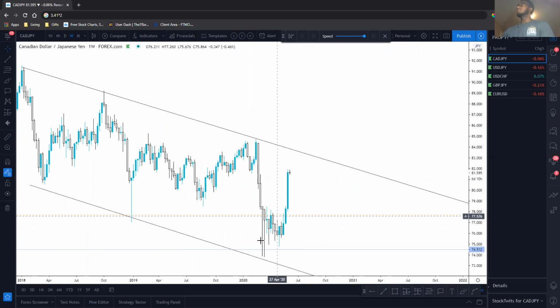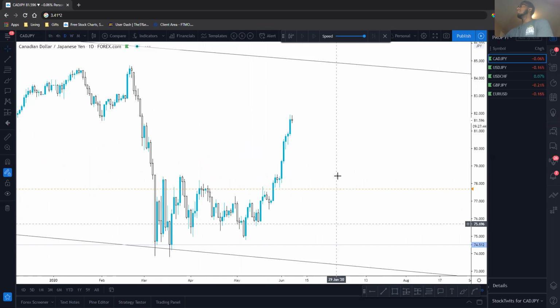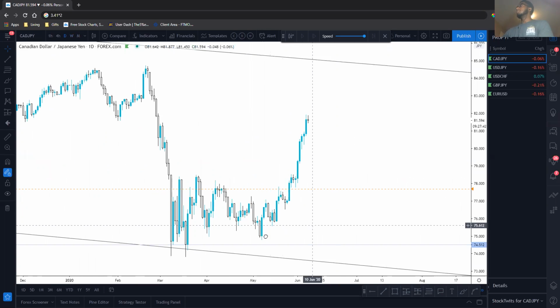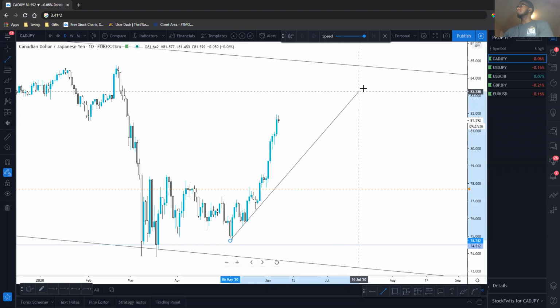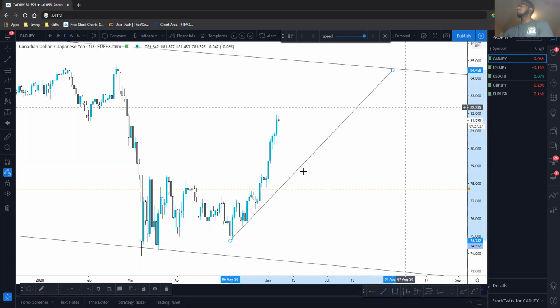You can see that we had a descending channel, price broke out, and probably on a small time frame gave us correction for it to continue up to the upside. And this is looking beautiful. All right, we have a nice uptrend right there.